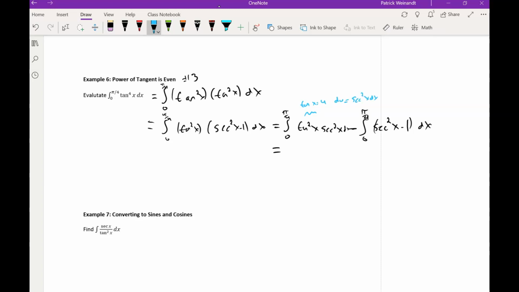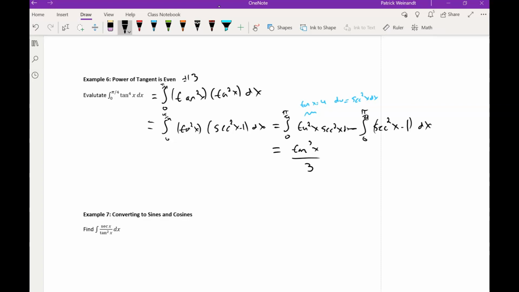So essentially we have u squared du. Okay, so the antiderivative of u squared du, you add 1 to the exponent, so it's u to the third, or tangent to the third of x, and then divide by that quantity, so divide by 3.